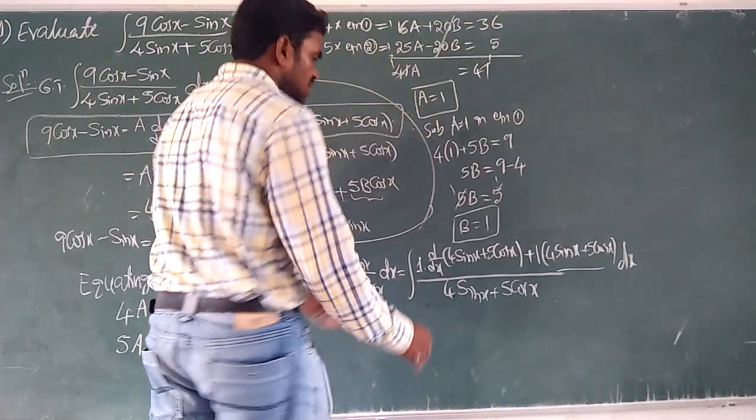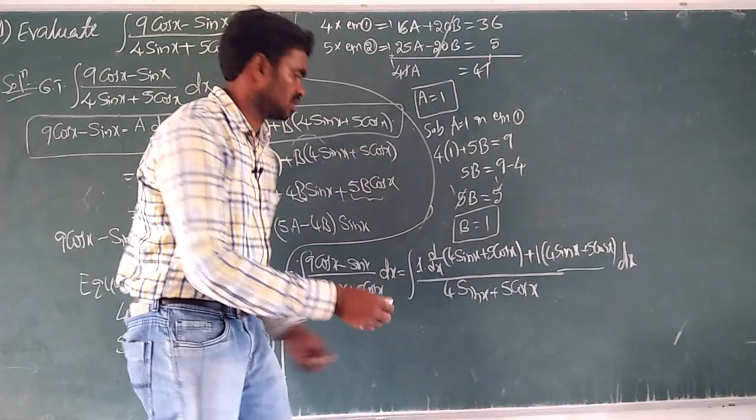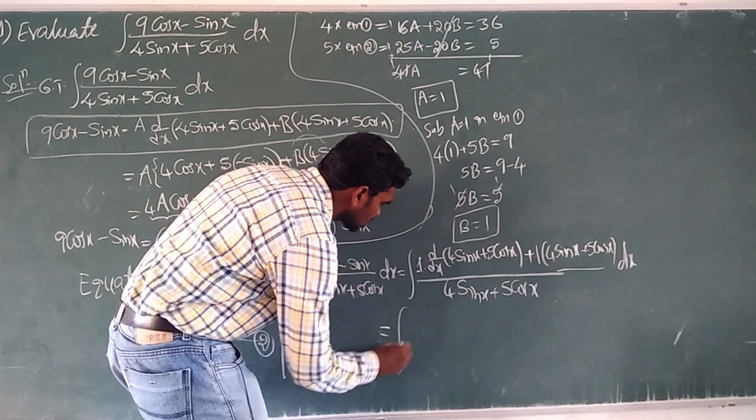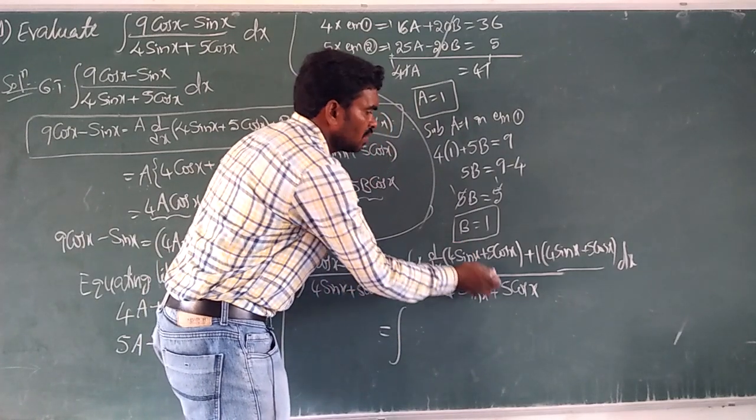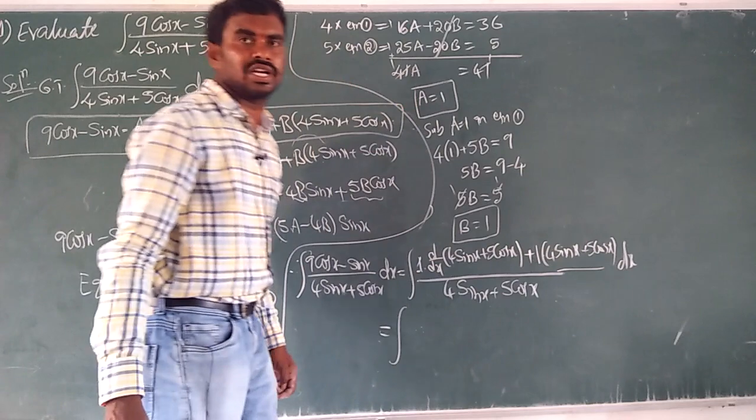That's it. Next I will simplify this and we get the answer. So it is equal to the integration, splitting the numerator into the first term and the second term over the denominator.